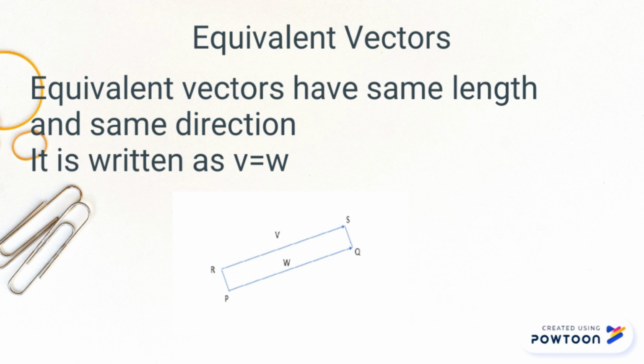What are equivalent vectors? Equivalent vectors have the same length and the same direction, as in the pictures, where the length and direction of v and w are the same. So, it is written as v equals w.